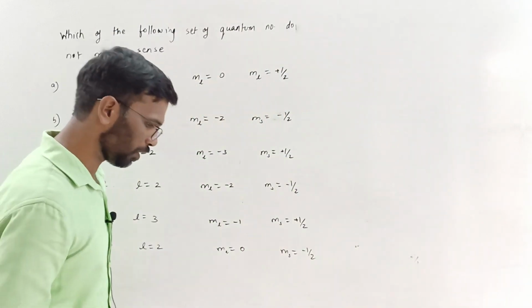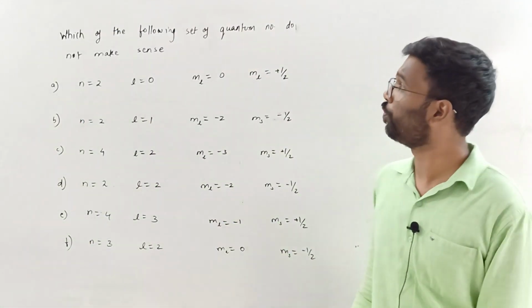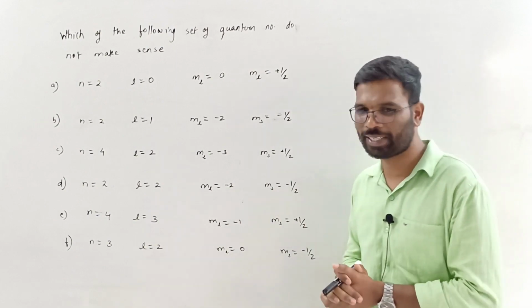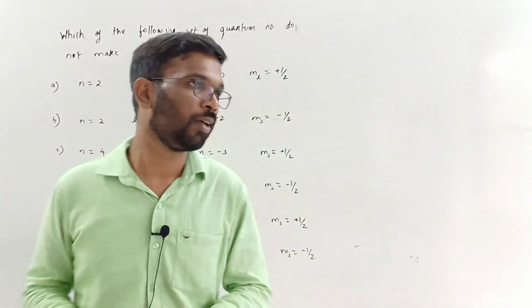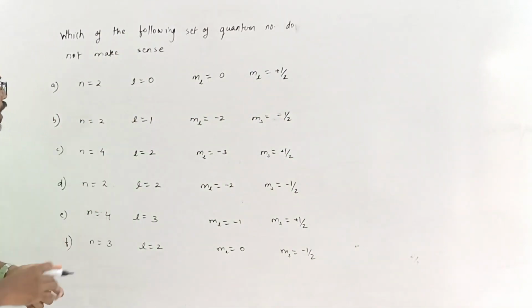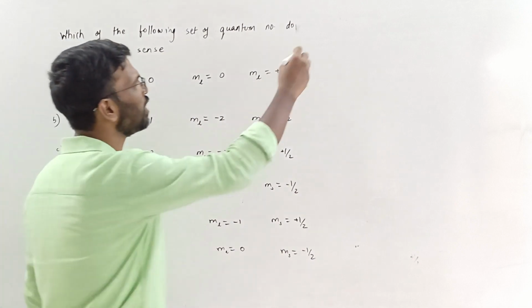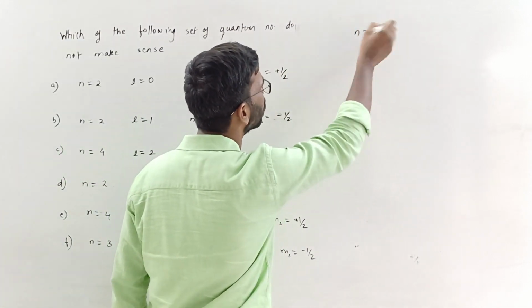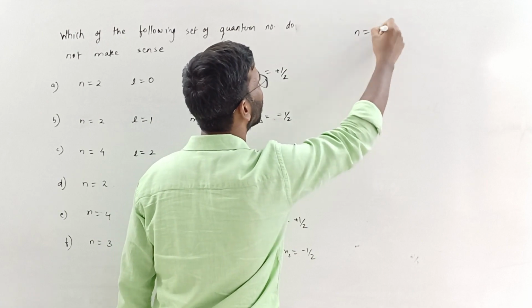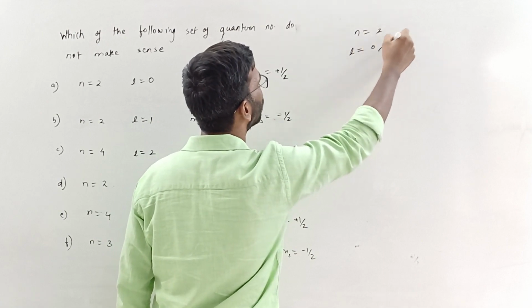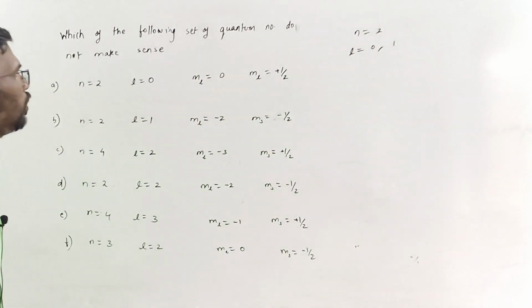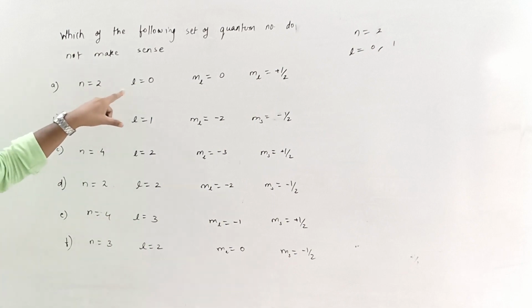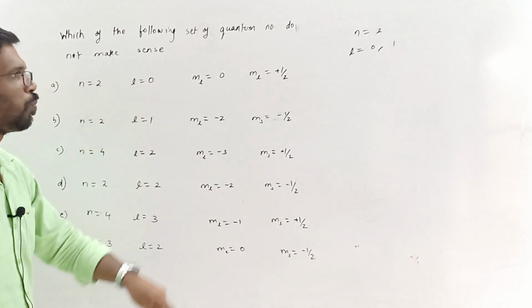So here the question is which of the following sets of quantum numbers do not make sense? Let's understand this. Option A is given as n is equal to 2. When n is equal to 2, what are the possible values of l? The possible values of l are 0 and 1, right? So l equal to 0 is possible.